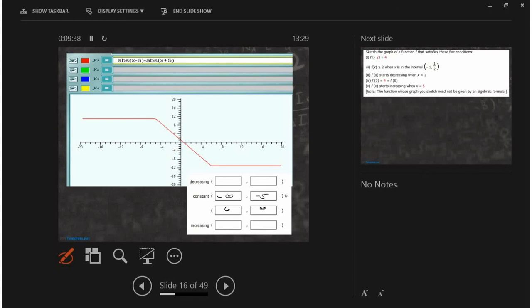So it equals absolute value of x minus 6 plus, or was it minus, absolute value of x plus 5? Yeah, I get it. If you keep zooming out, it just keeps going. Keep zooming out. Take one more step back. It'll just keep going in both directions.